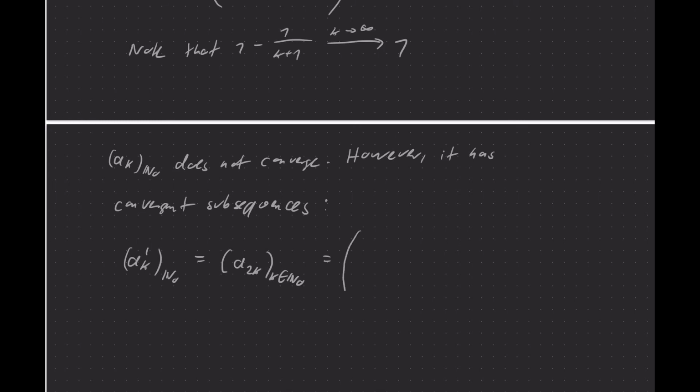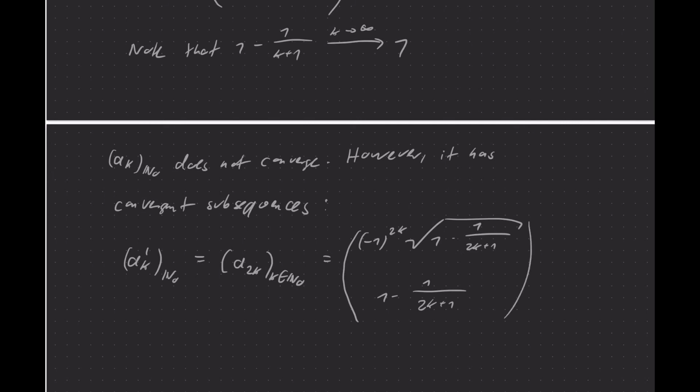Okay, so that means what we get here is (-1)^(2k), square root of 1 minus 1 over 2k plus 1, and 1 minus 1 over 2k plus 1.